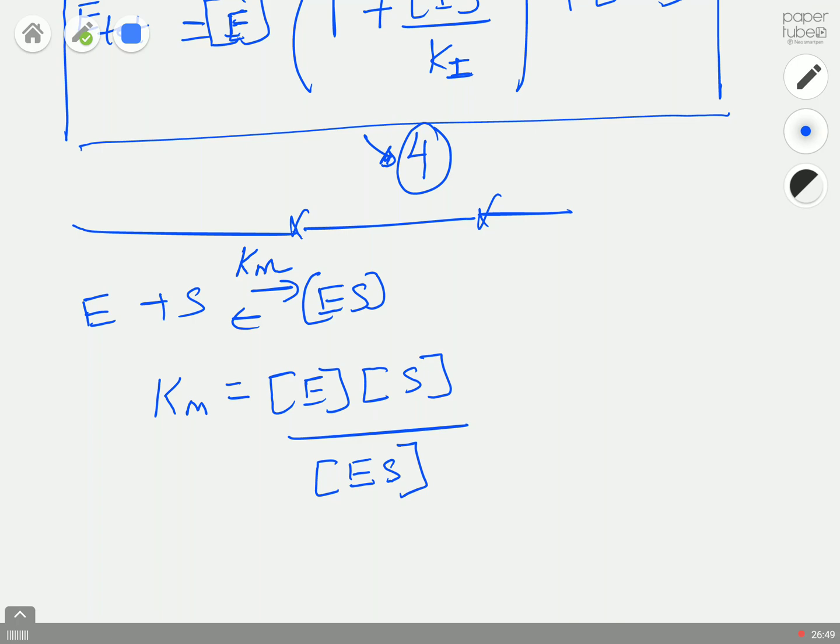I think this is good so far. So let's call this equation 5. E total equal to, I think to me it looks fine.